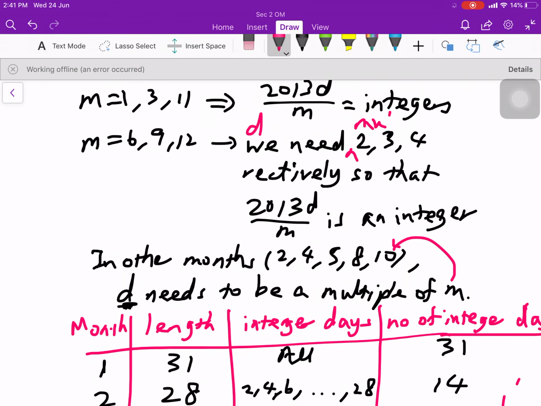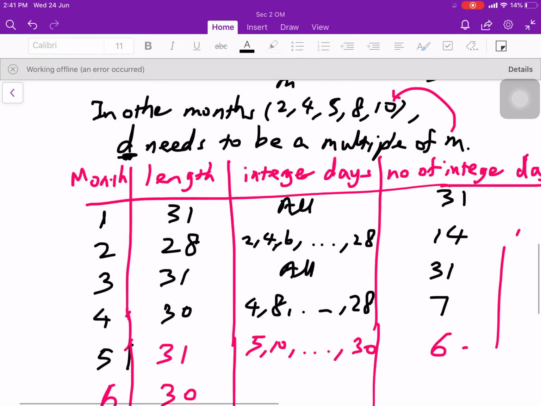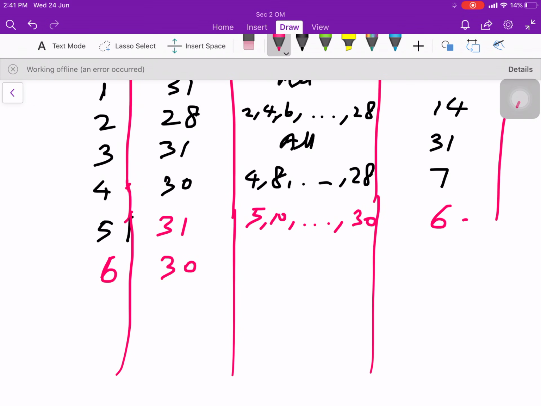If it is 6, your D needs to be a multiple of 2, right? Therefore, this part will be 2, 4, all the way to 30. That will give me 15.